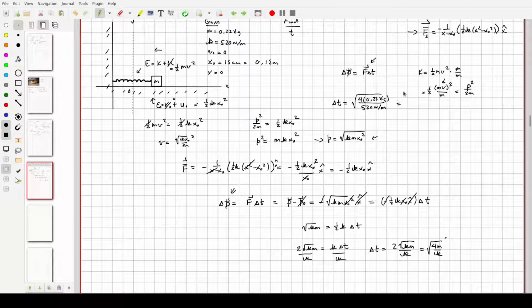If you do that, you get 0.0411 seconds, something like that. If you want to do sig figs, we have 2 here, we have 2 here.